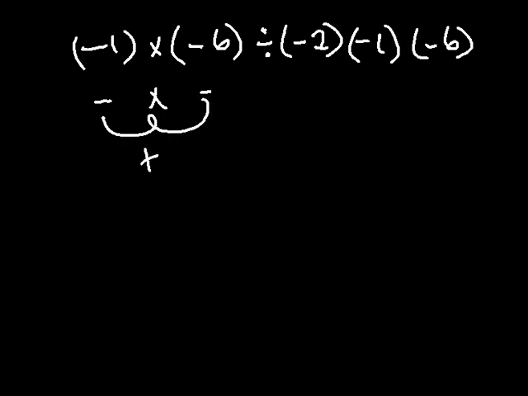And here we have the divide by a negative, which is a positive. In this case, we have a negative at the end, so we have the negative here. Then we have a positive and the negative.